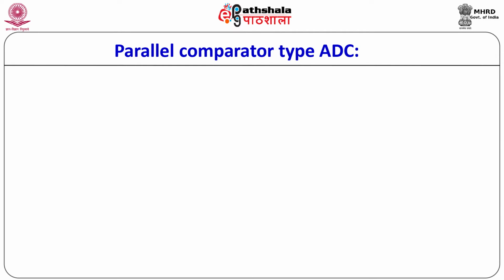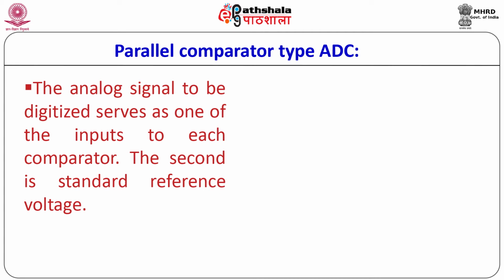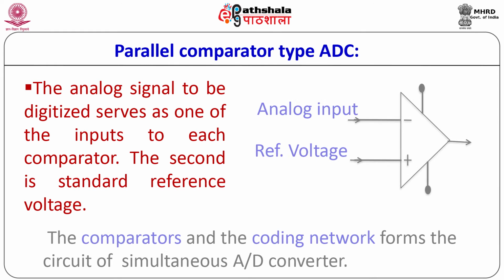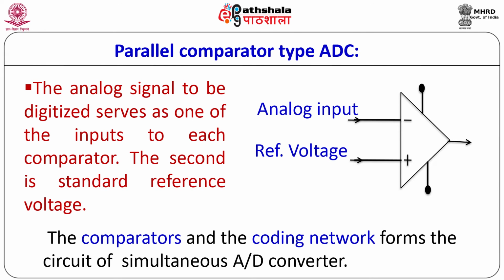In the parallel comparator type ADC, the signal which is to be digitized serves as one input to the comparator, and the second is the standard reference voltage to the comparator. As shown in the figure, an operational amplifier can be used as a comparator, where one input to the comparator is the analog input and the other input is the reference voltage.